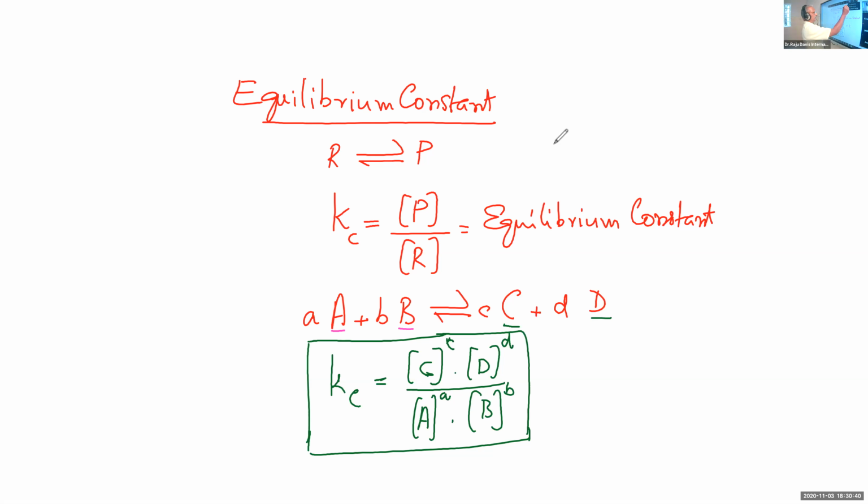Say, for example, you take the reaction between hydrogen gas and iodine gas, reversibly giving 2HI gas. Here the reactants are hydrogen and iodine, and the product is HI.